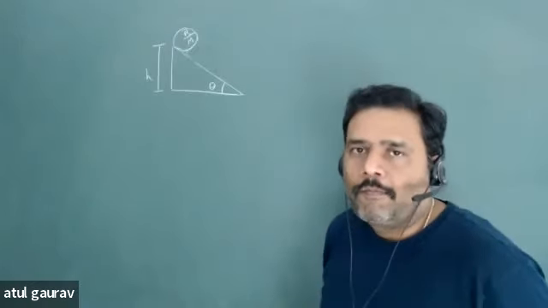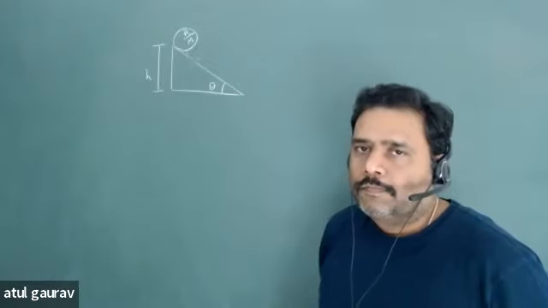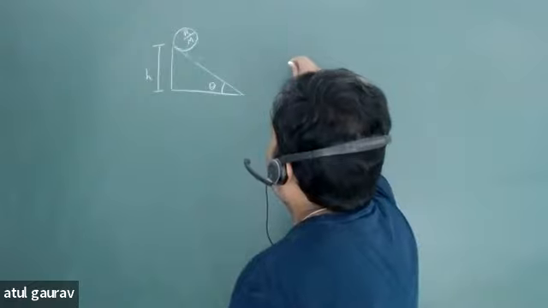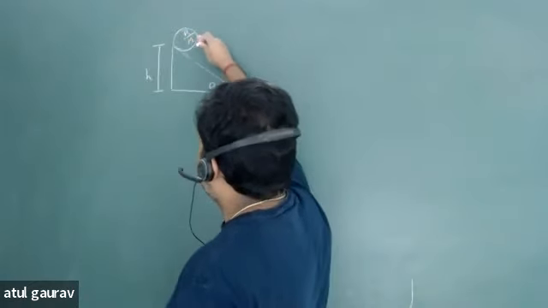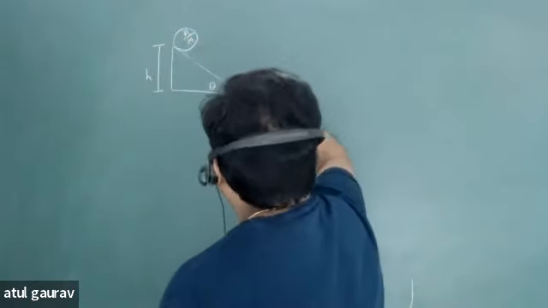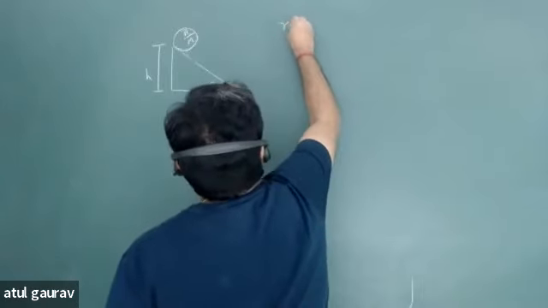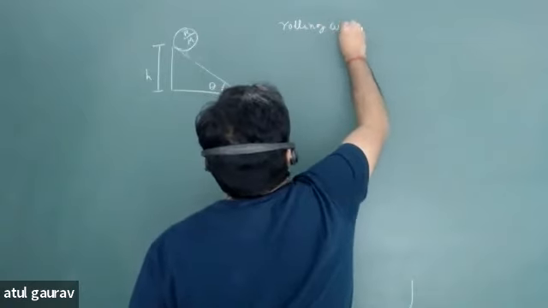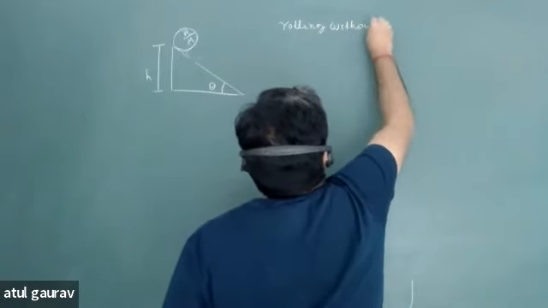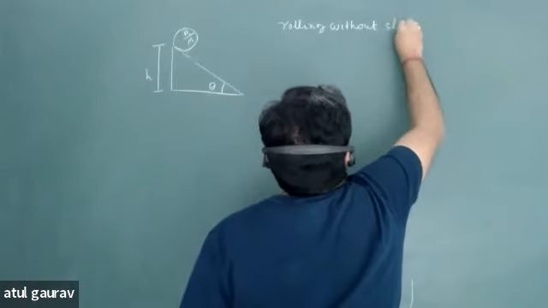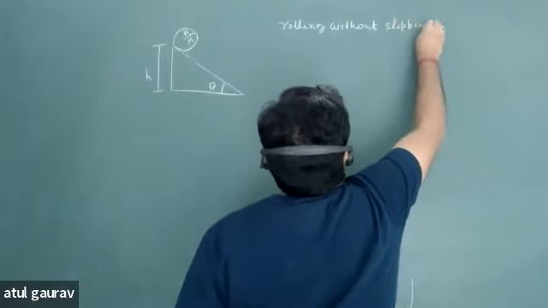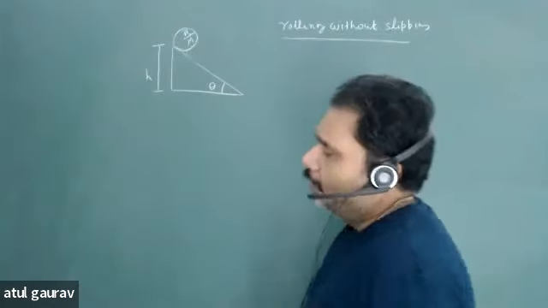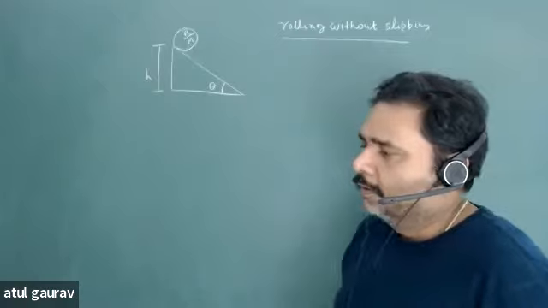Are you getting my point? This is a very simple question, that this sphere is just going downward in a condition of rolling without slipping. So we have to write what will be the velocity at this particular point.